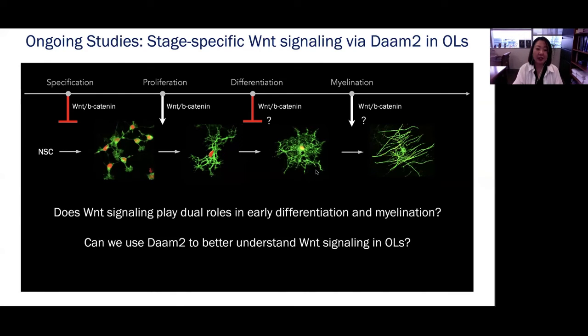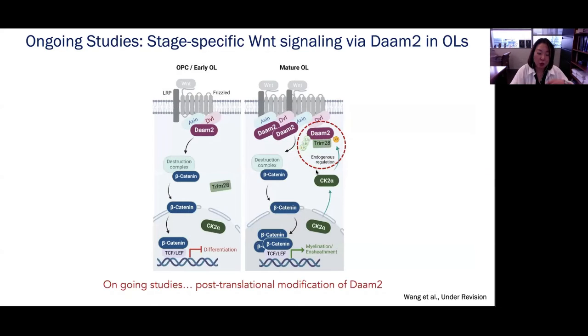I didn't bring all the data, but hopefully soon we can have a published article on my postdoc's work. We found that in truly mature oligodendrocytes TEM2 is more expressed and beta-catenin is more active. However, this dynamic expression is tightly controlled by phosphorylation of TEM2, which leads to degradation of TEM2 by a kinase and an E3 ligase.